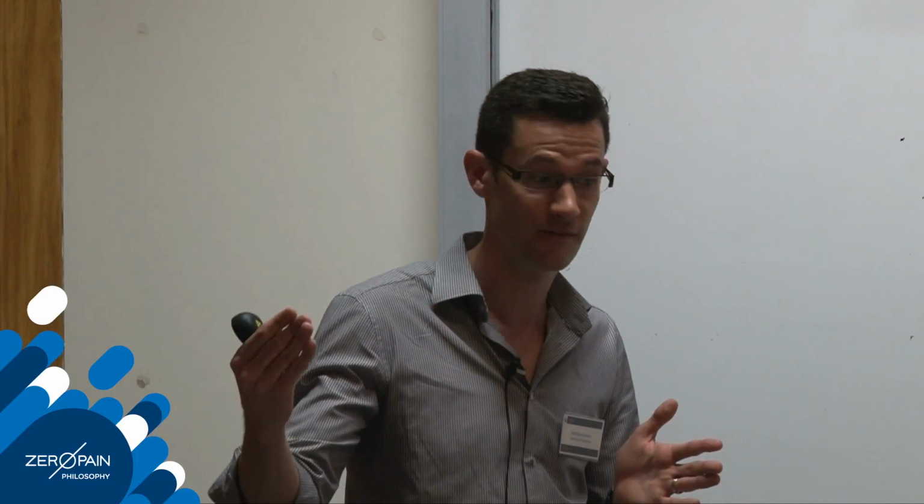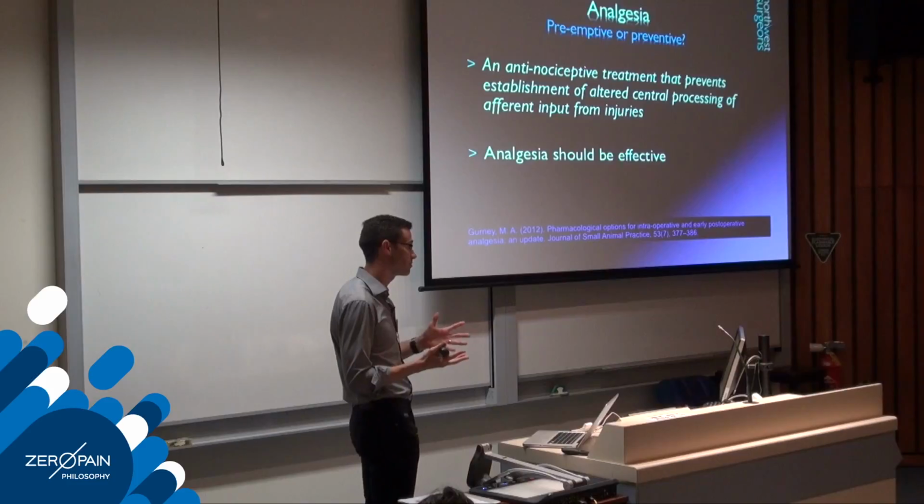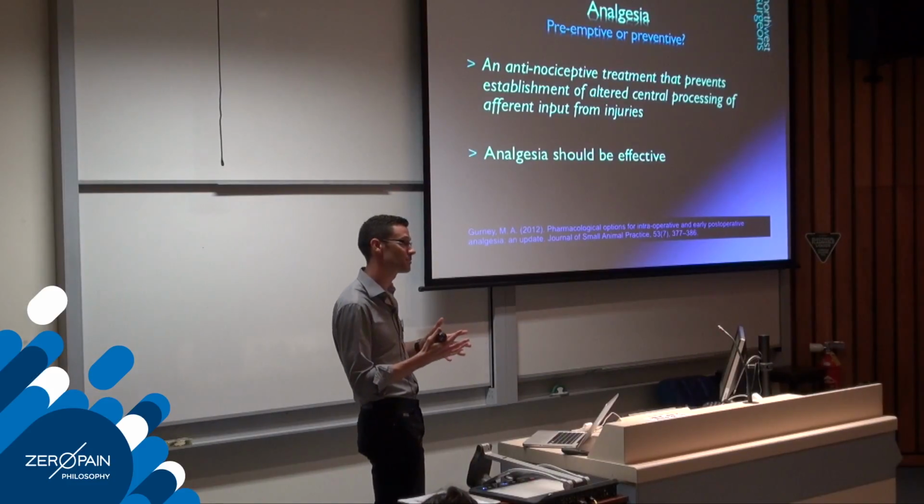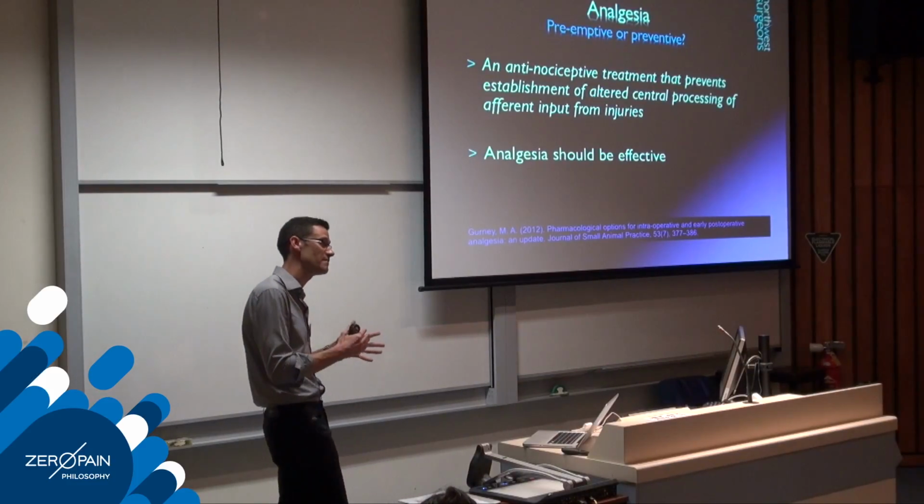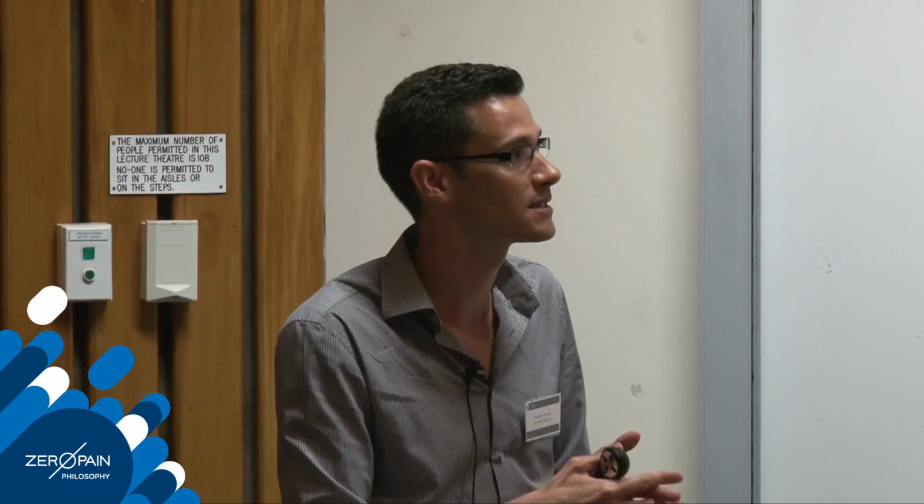One thing to think about is that analgesia should be effective. So if we're giving preemptive analgesia, we need to make sure we're using drugs that have an onset before we're going to inflict pain on that patient. So one of the things to bear in mind will be buprenorphine. It's slow to associate with the receptor. It can take 30 to 45 minutes before buprenorphine starts working. We can do better. We can use morphine or methadone that has an onset of 5 minutes.